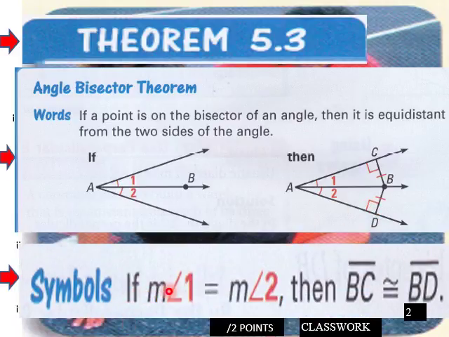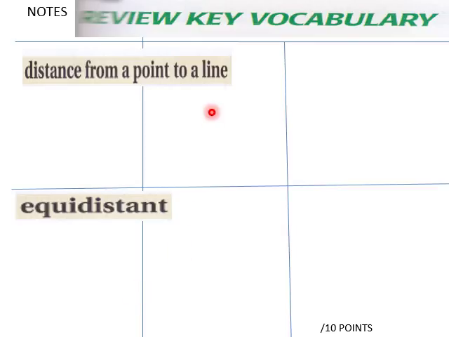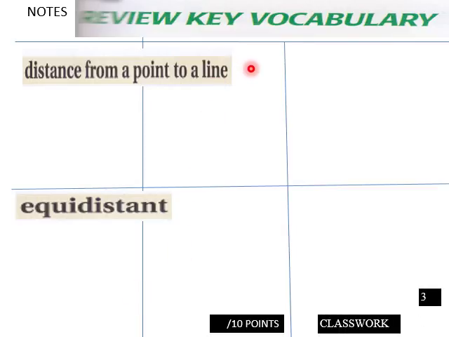In symbols, if the measure of angle 1 equals the measure of angle 2, then BC is congruent to BD, and we've got the same hash marks there. Students, in your own words, define distance from a point to a line and equidistant.